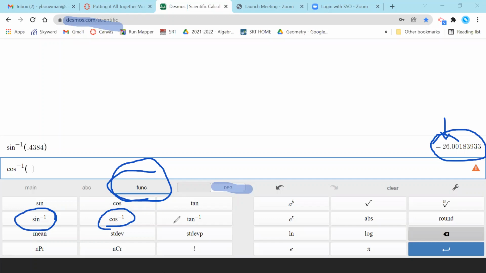Cosine to the -1 is cosine inverse. Tangent inverse. If you are using a calculator, you will press the second button and then you will press sine. Or if you have a Casio, it's the shift button to do those extra functions. Okay, so let's go back to our slideshow.